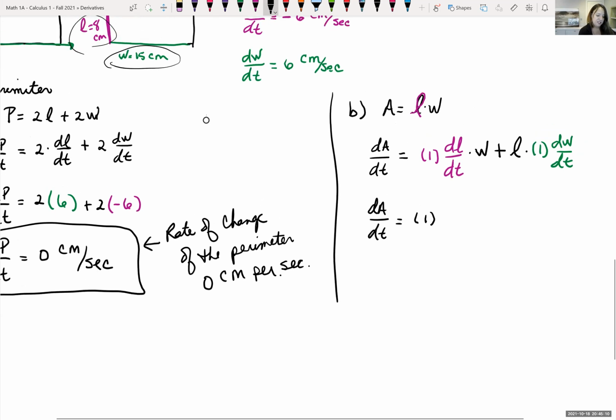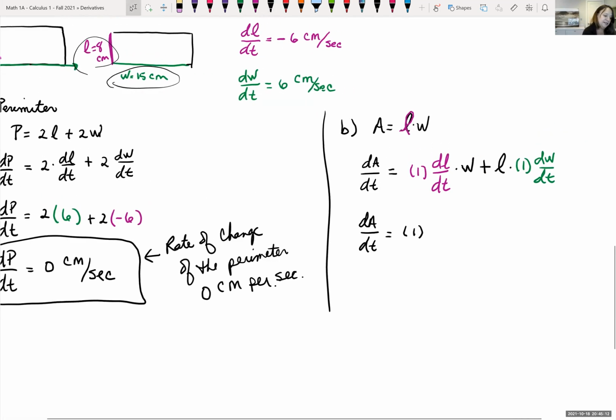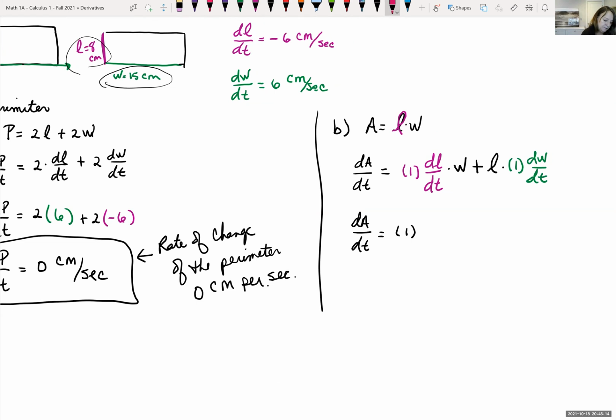Well, we were given that the rate of change of our length was decreasing, so it's -6, times our width. Our width is 15 centimeters, plus our length, but what we're looking for is at 8 centimeters.